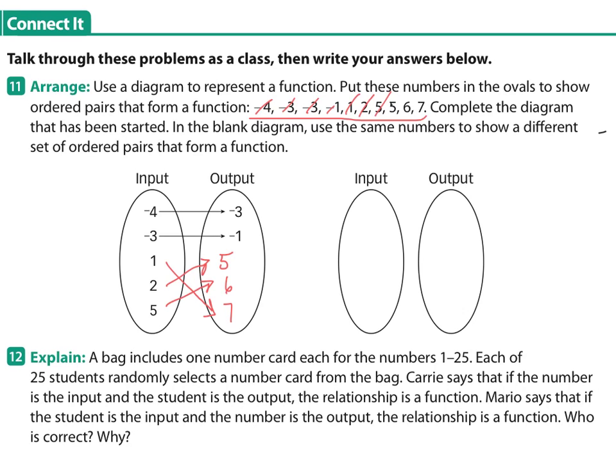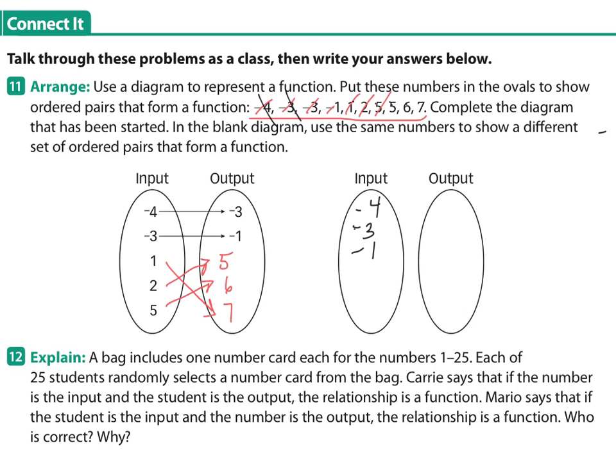There are many, many combinations that we could have, but I'm going to put negative 4 here. And we've got a total of 1, 2, 3, 4, 5, 6, 7, 8, 9, 10 numbers on here. So I'm going to say negative 4 and negative 3. I'm going to skip the other negative 3.